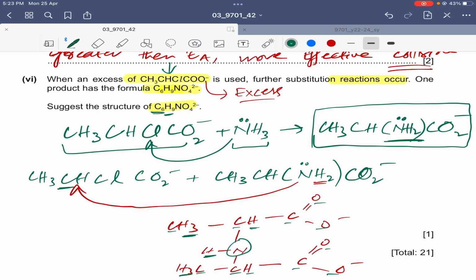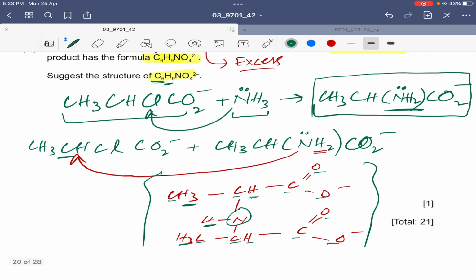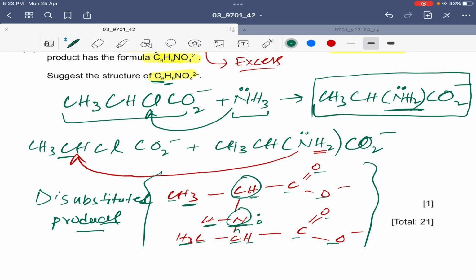It again attacks chloropropanoiodine, removes the Cl, removes the proton to regain its lone pair, and we get this structure, right? So this is the structure that we get once it loses another proton and second substitution takes place. So this is the di-substituted product, right? So you can say that this is a secondary amine because nitrogen is attached to 2 carbons. So this is a secondary amine which is formed.